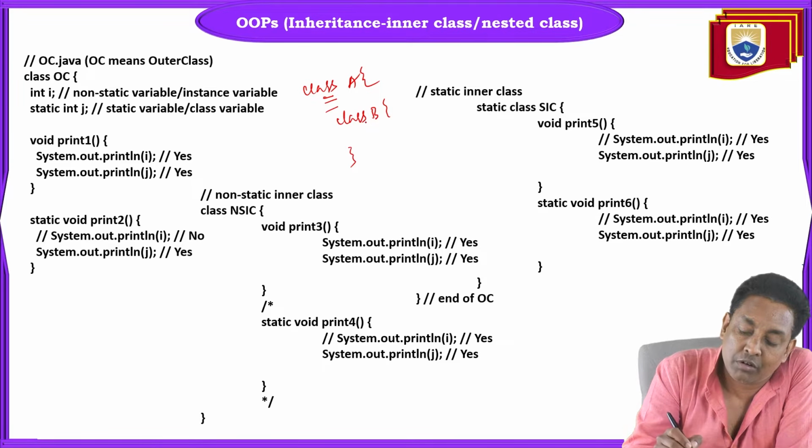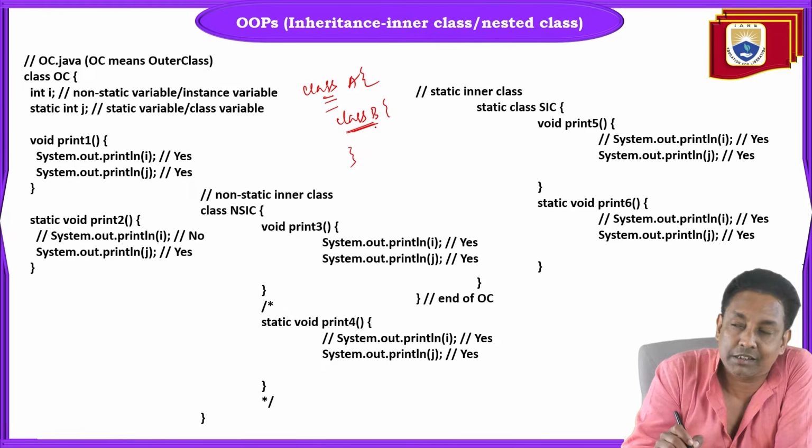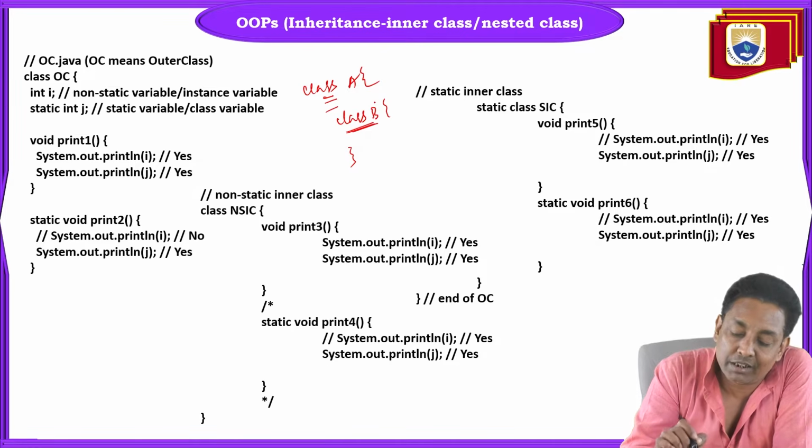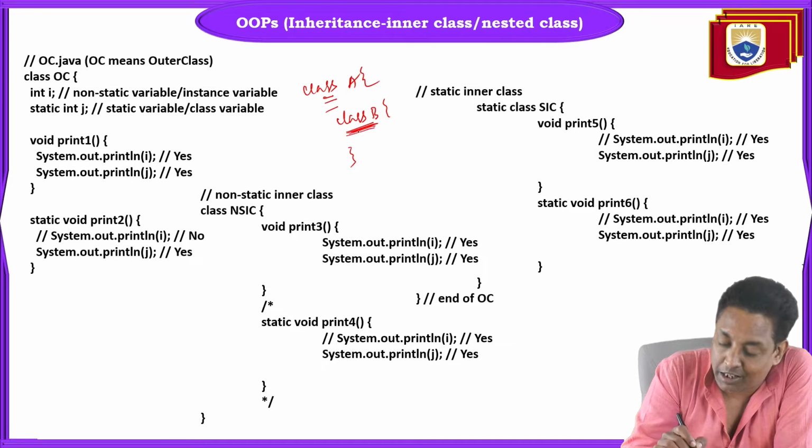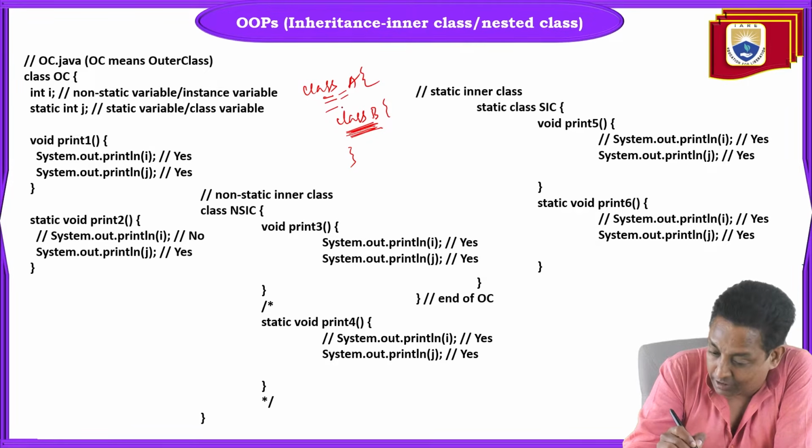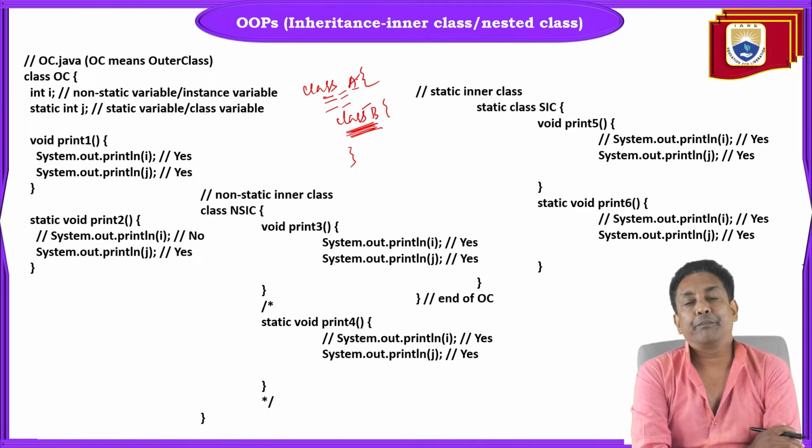If you write one more class inside a class, an inner class or nested class, then this class also becomes a member of the class. Like variable, constructor and method, the inner class also becomes a member of class A.